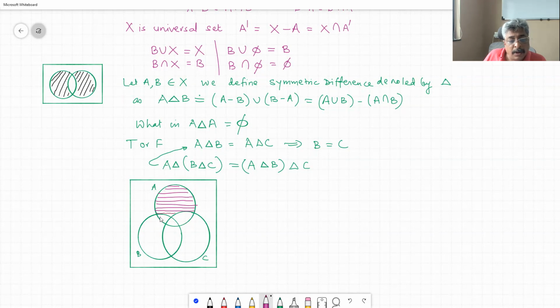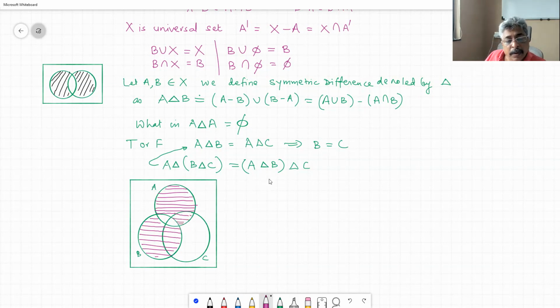Let me deliberately not color this because it comes. Sorry, this is A delta B. Let me draw A delta B first. Let me complete by this color, A delta B. This is A delta B.